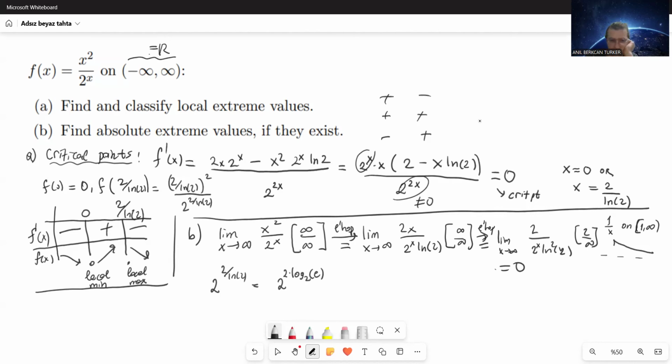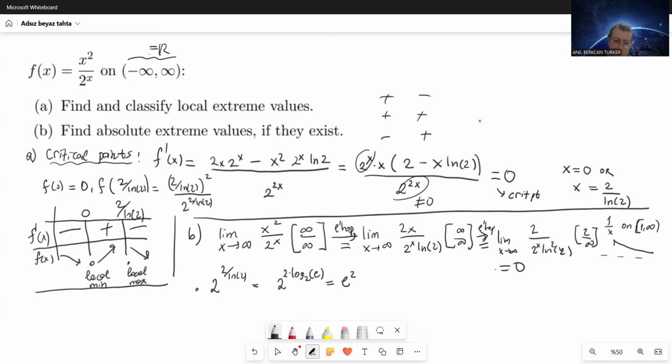When it is in the denominator, you can invert it like that. So this 2 comes to the power. So it's just e to the power 2. Okay. So it means that it is 2 over ln 2 squared over e to the power 2. Right. It's just a small detail. But it is strictly bigger than 0. Okay. Strictly bigger than 0.